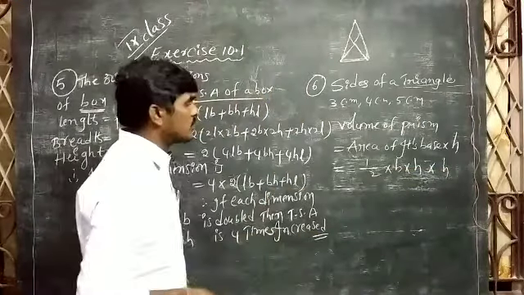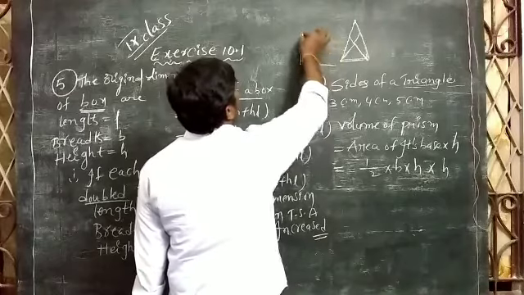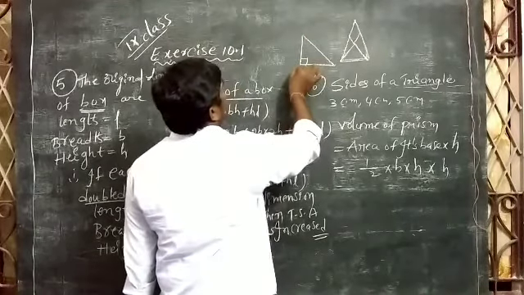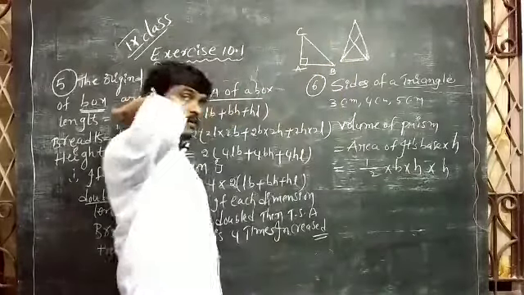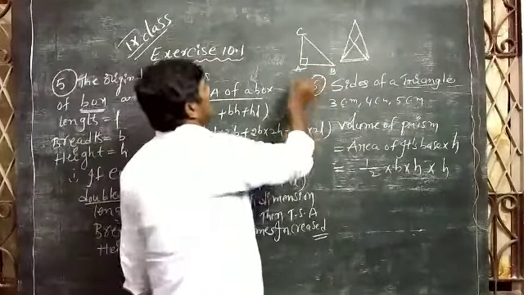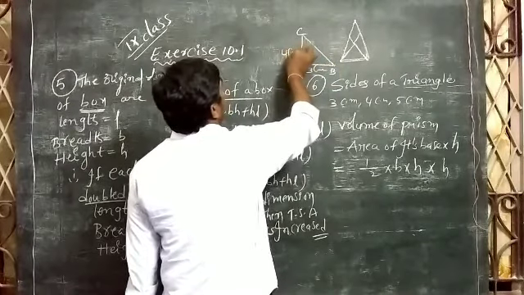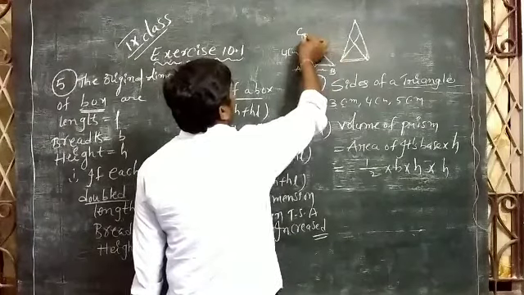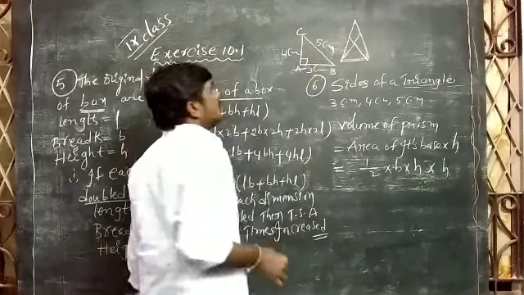No need to be confused. Here I will roughly draw the right angle triangle. Keep the name of the triangle ABC. The base of the triangle is 3 centimeter, height is 4 centimeter, and the length of the hypotenuse is 5 centimeter. Why have we taken it like that?